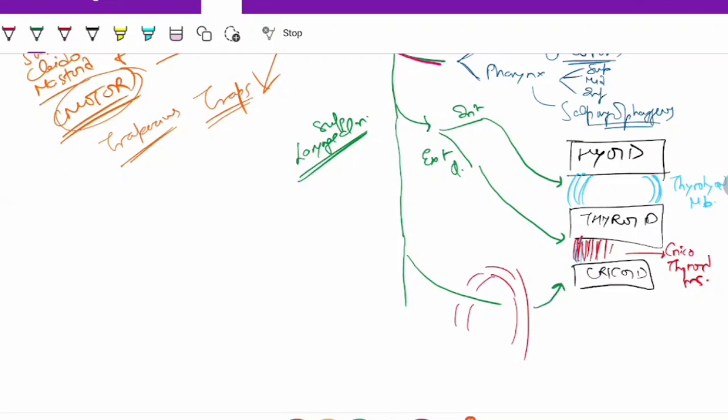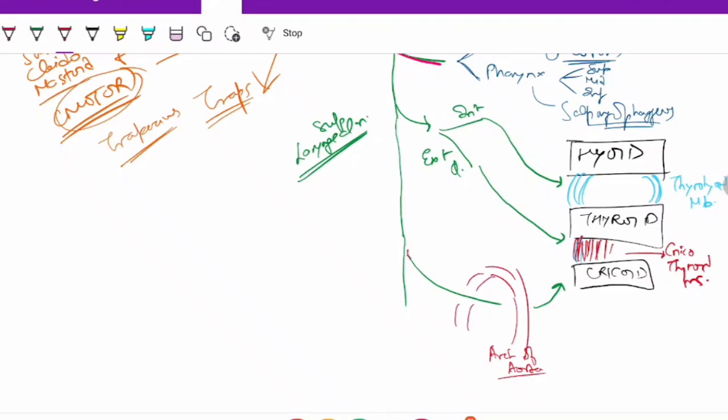Because of this structure, that is the arch of aorta, during embryology the heart is at a much superior level and it goes down. So this nerve, because of the embryological development and because of the arch of aorta descending down, also descends down, but its original supply is near the level of cricoid.